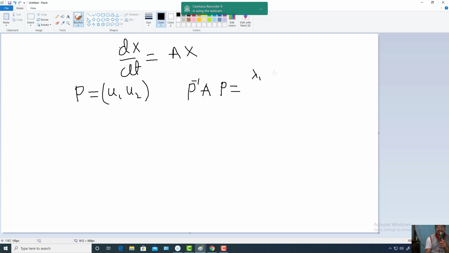Very interestingly, these are the eigenvalues: lambda 1, 0, 0, lambda 2, suppose this is D. So using this matrix P, the matrix A can be reduced to the simple diagonal form with lambda 1 and lambda 2.